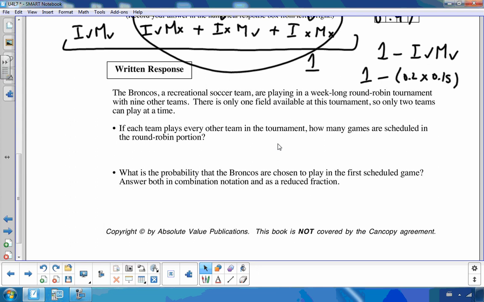Well, I have 10 choices for my first team, and then 9 choices for my next team, because you can't choose yourself, but they only play each other once. In this calculation, I'm including, for example, team A playing team B and team B playing team A. So since they're only playing once, I'm going to divide by 2, and that is 45 different games.